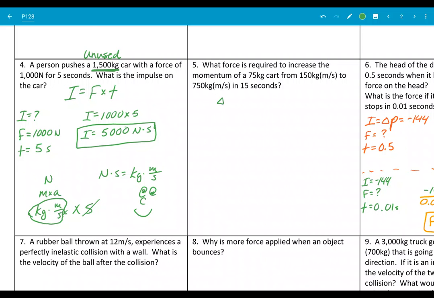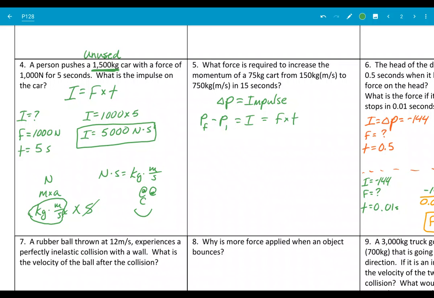Change in momentum is the same thing as impulse. Okay, and when we do change of momentum, we do P final minus P initial. And that equals our impulse. And our impulse is equal to force times time. This is my favorite stuff.